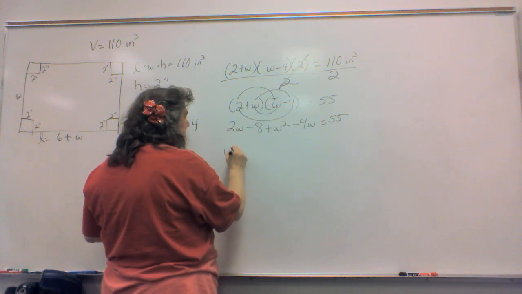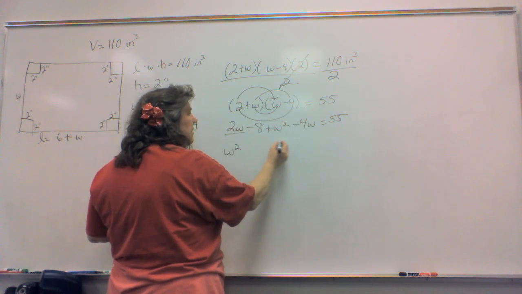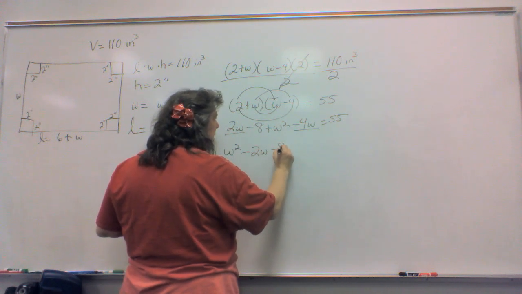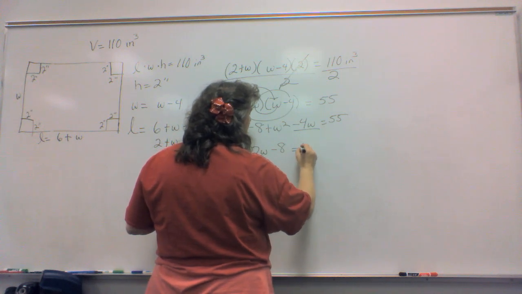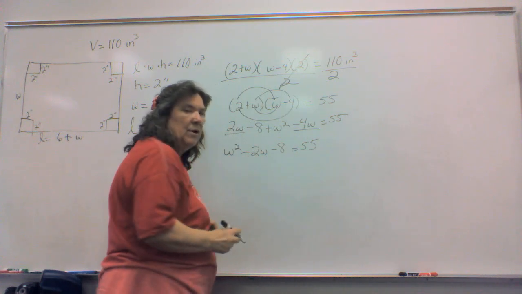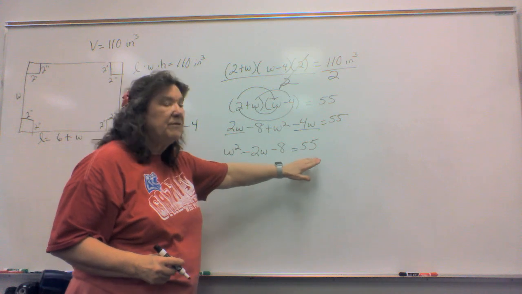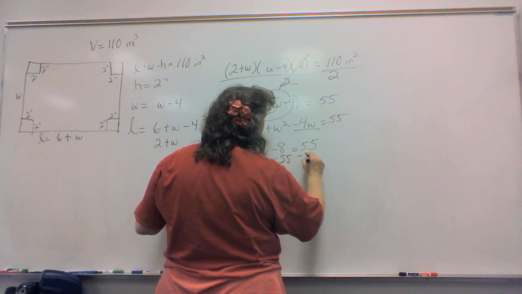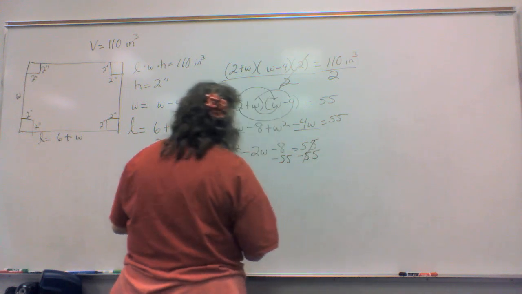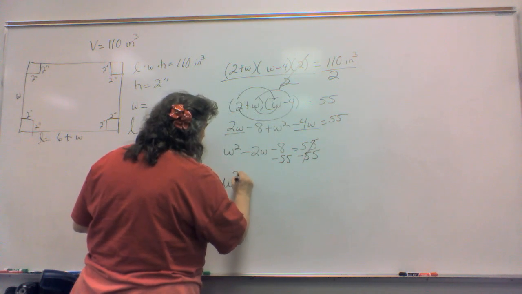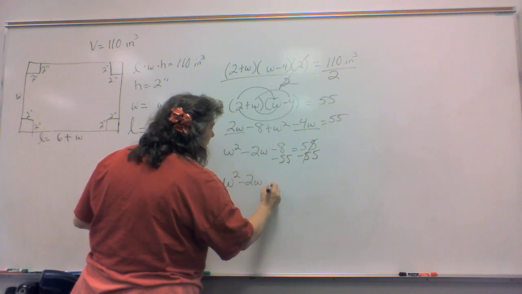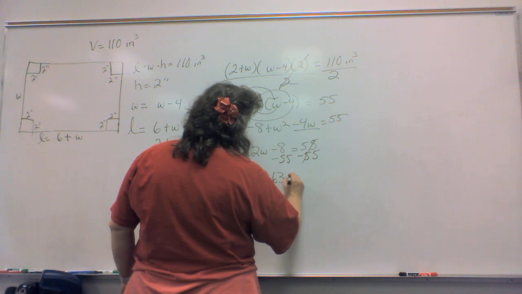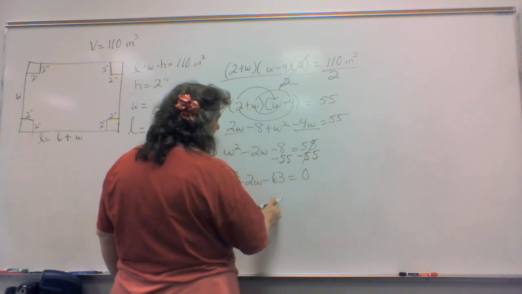W squared has to come in front. 2W minus 4W is a minus 2W, and then minus 8 equals 55. Now we are going to subtract 55 from both sides. So it will be equal to 0. So now I have W squared minus 2W minus 63 is equal to 0.